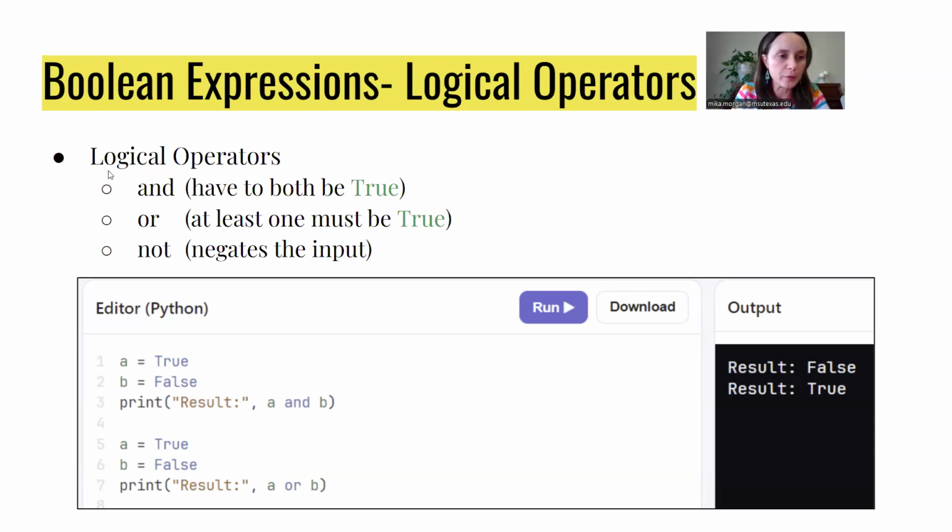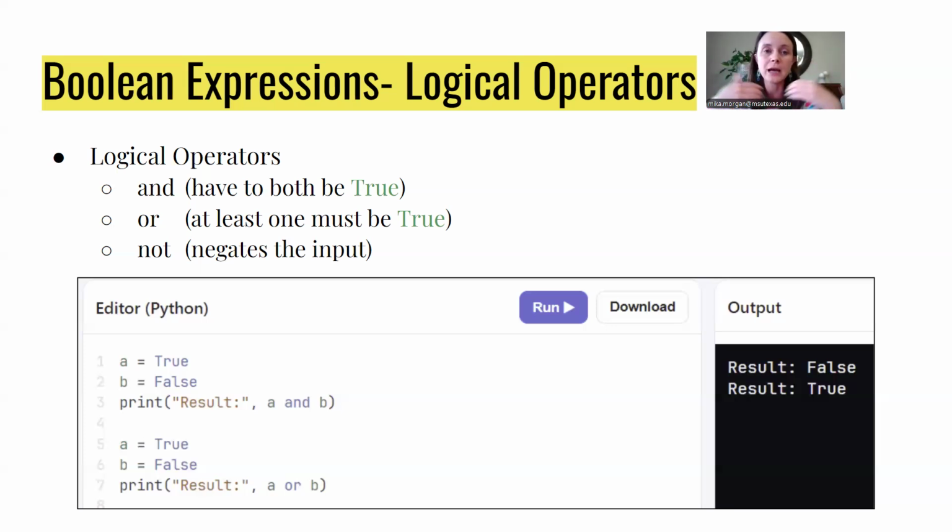A logical operator is going to allow us to say, I want you to take these two expressions on the left and on the right, and I want to know how they relate to each other. But instead of them being numerical values that I'm going to compare, like equal to, not equal to, less than, greater than, things like that, my logical operators are going to be used to say, how do these two true false values relate to each other?